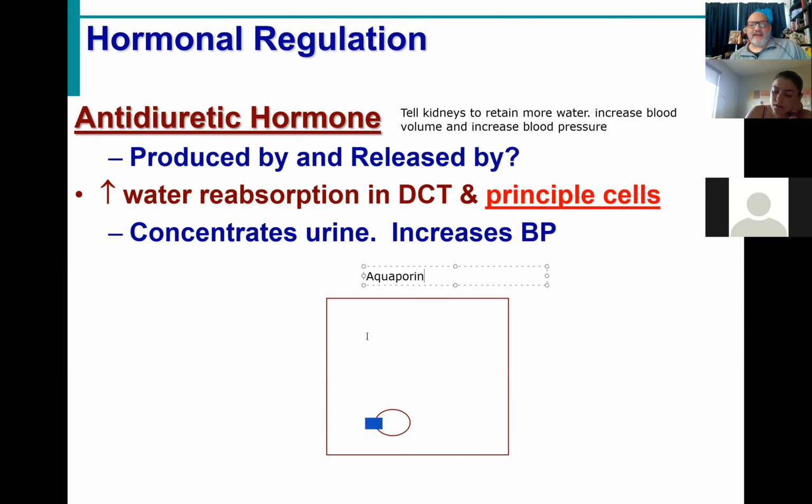In the presence of antidiuretic hormone, basically what happens is that the cells in the distal convoluted tubule and the principal cells of the collecting duct are going to take these vesicles to the surface and express that aquaporin.